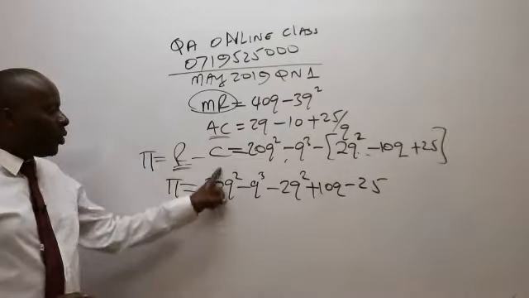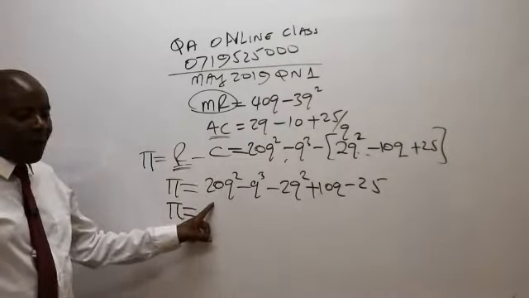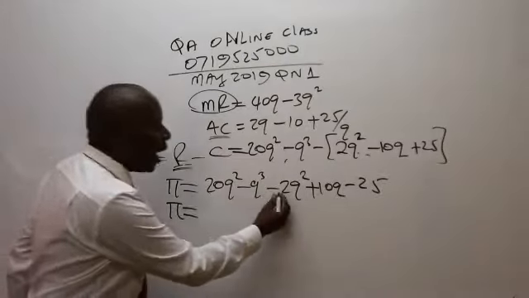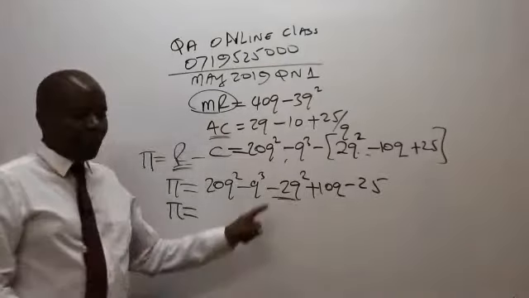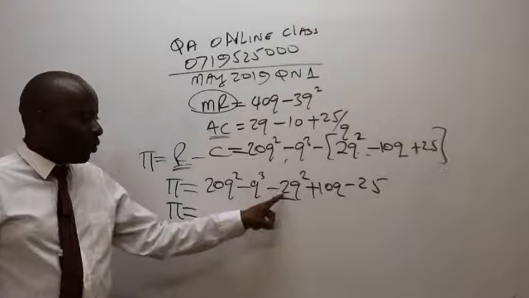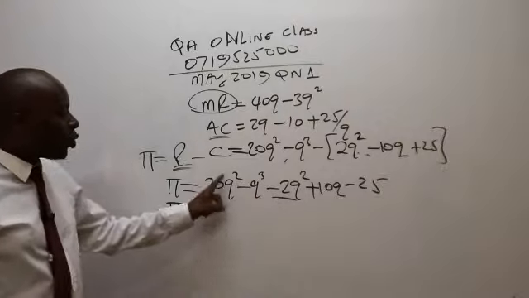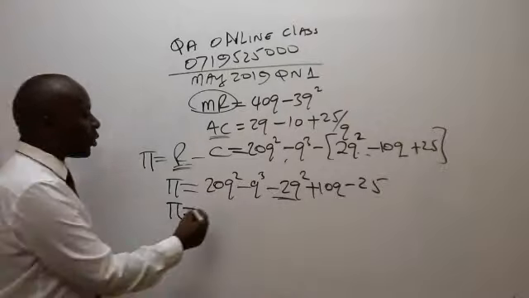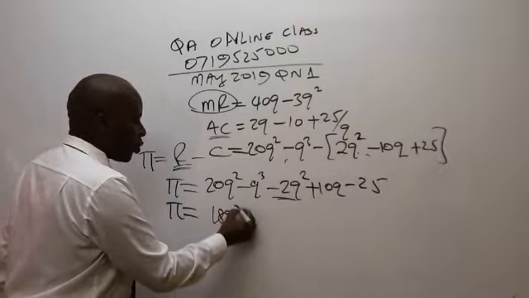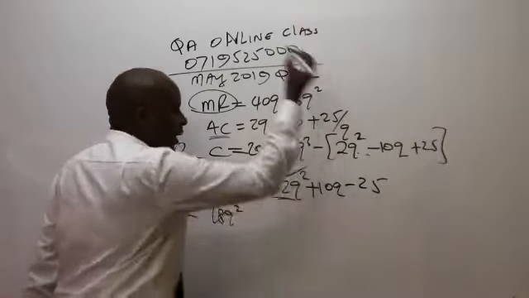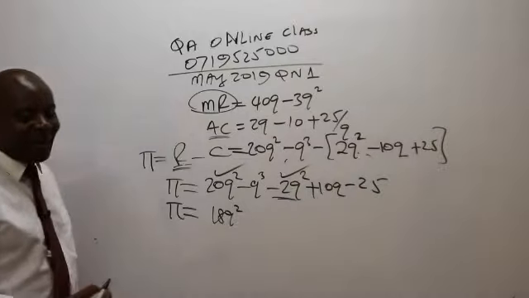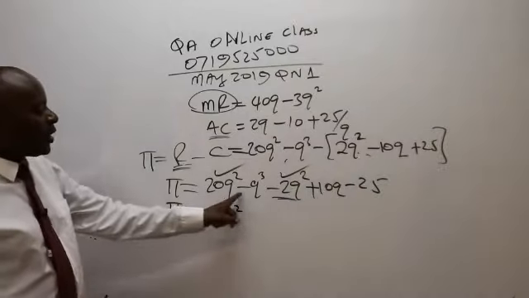Now from there, ladies and gentlemen, our work will be to put like terms together. Like this 20Q squared, do we have a like term for the same? Yes, I can see minus 2Q squared. Remember, I have to read the sign which is before. So 20Q squared minus 2Q squared will give us what here? 18Q squared. So I tick this because I've taken care of the Q squared term. From there, we have this Q cubed.